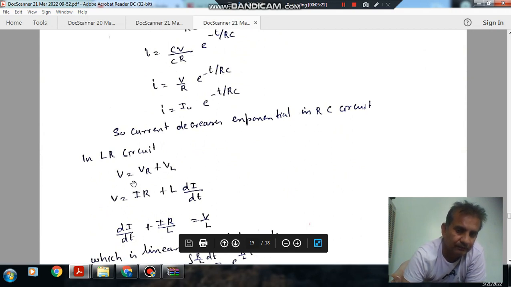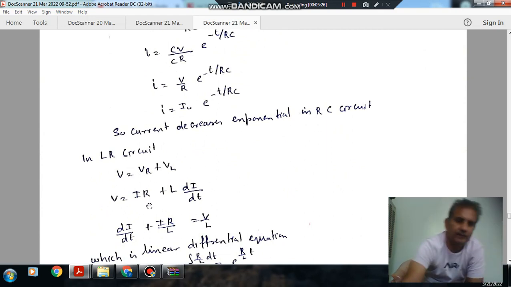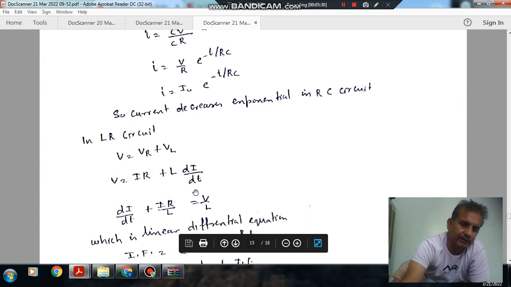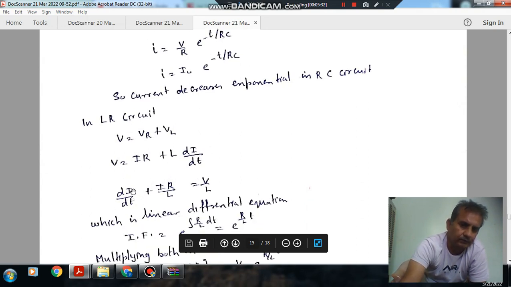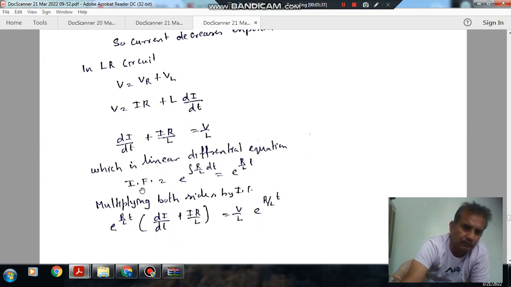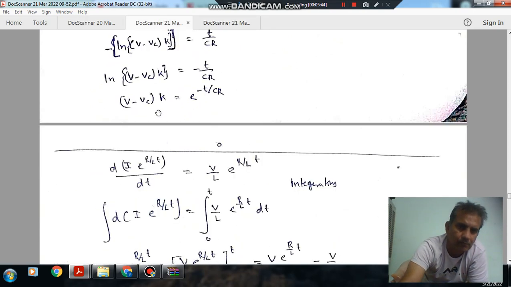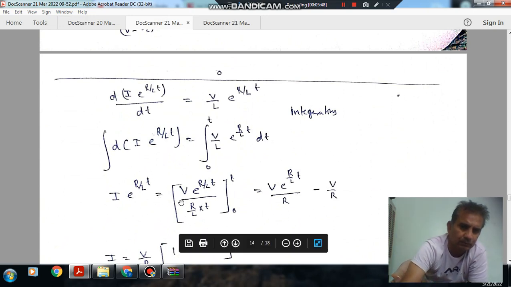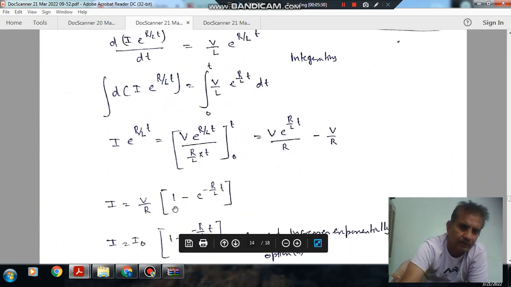Similarly, in the LR circuit, in the second circuit, V is equal to VR plus VL, where VR is IR and VL is L dI by dt. We have solved this already in previous questions. The expression for current is V by R (1 minus e to the power minus Rt by L).